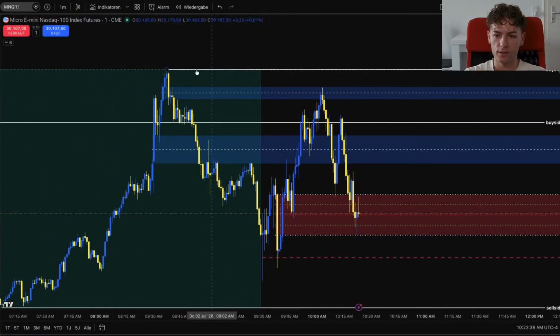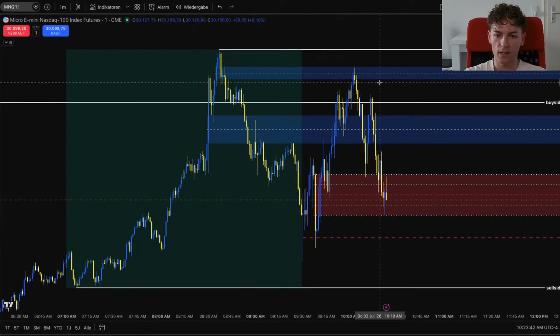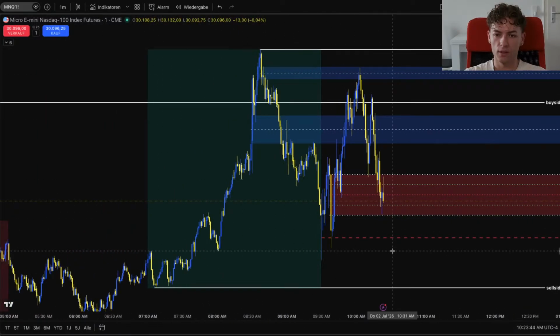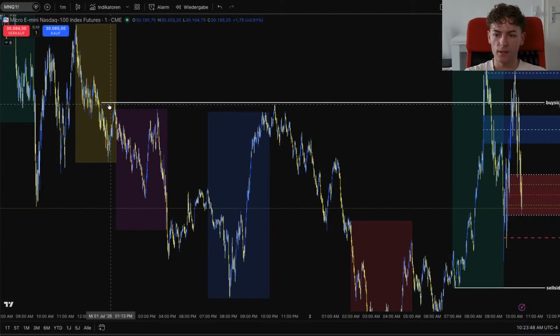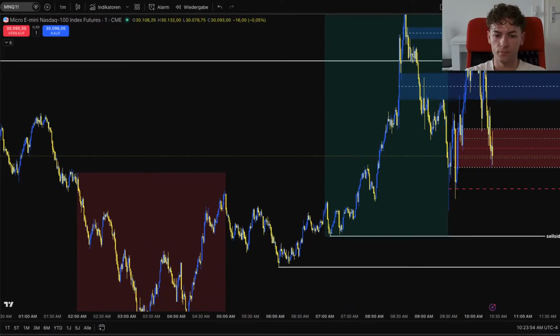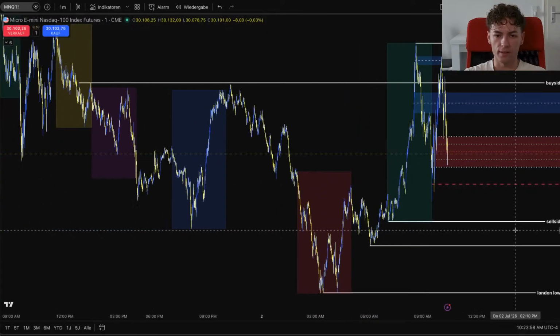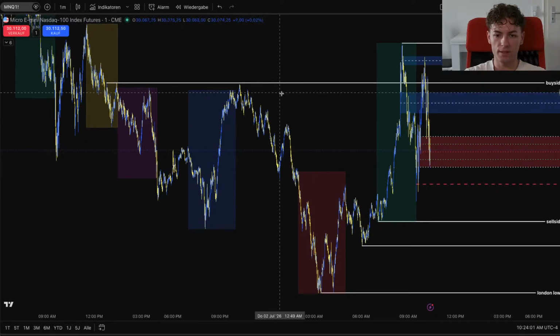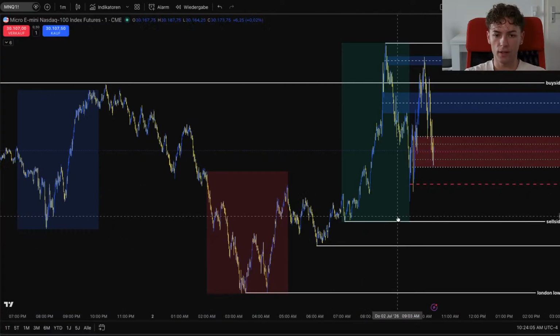Rallied higher, didn't take out that high. So what do we have? We have relatively equal highs and relatively equal lows. Now, the thing is, we've taken out a high time frame relatively equal highs. So if we take a step back, you can see price has taken out buy side and now engineered sell side. Now it wants to go lower, okay?